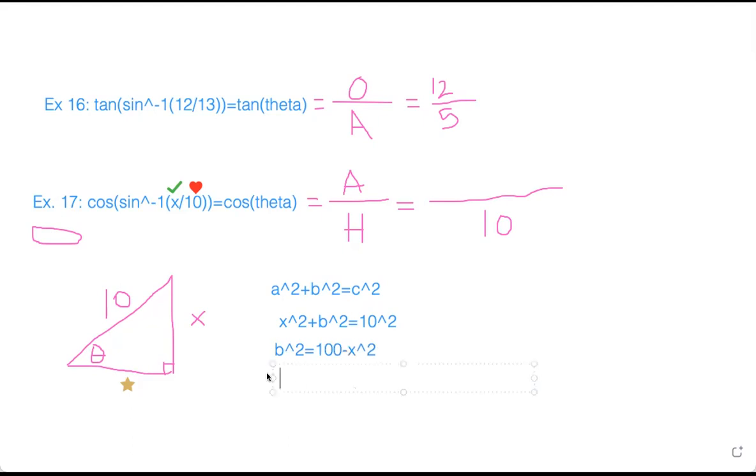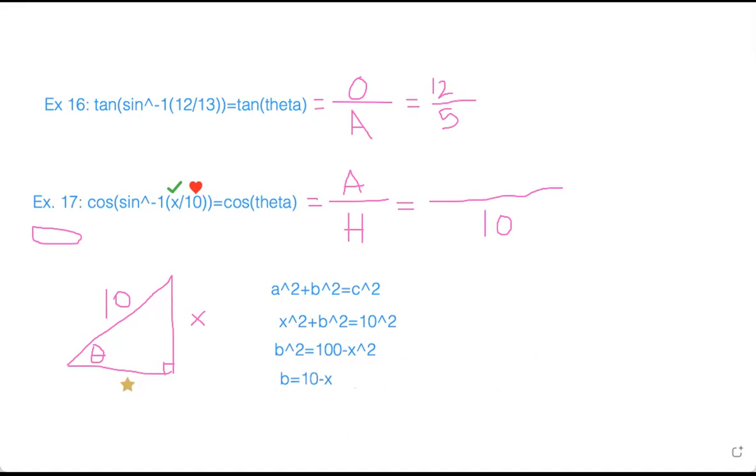So how do we get b? B equals? Minus x. Ah, that is precisely the wrong answer. I'm so glad you said that though.